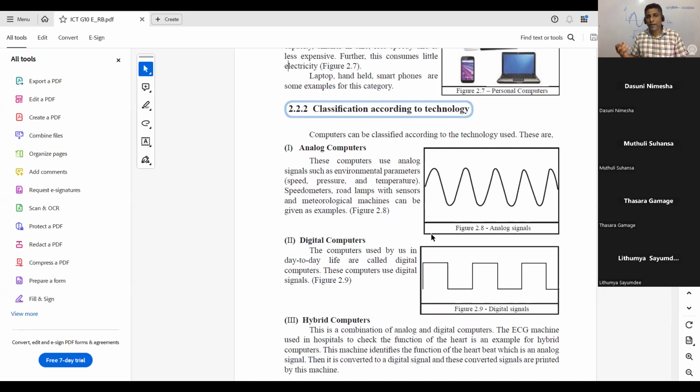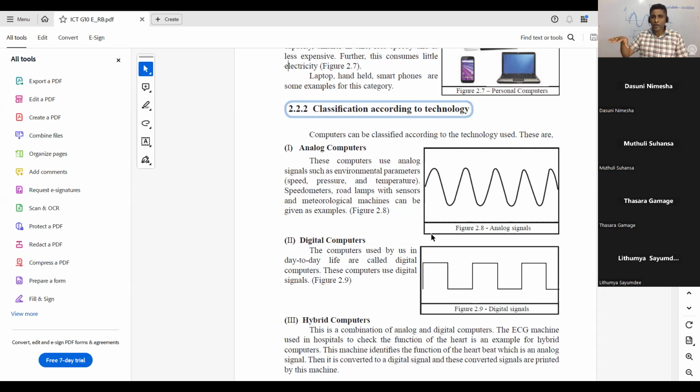You might have seen road lamps, right? According to the darkness, automatically it lights up. So there are sensors, right? It captures the darkness of the environment. When morning comes, it will automatically turn off.